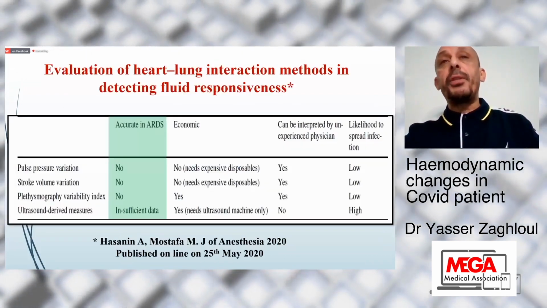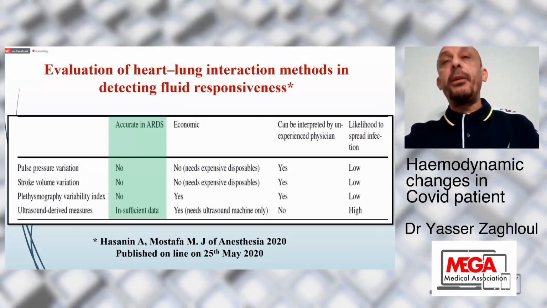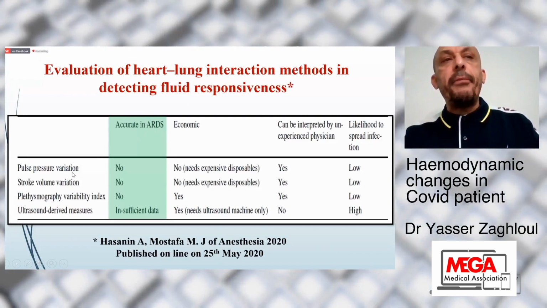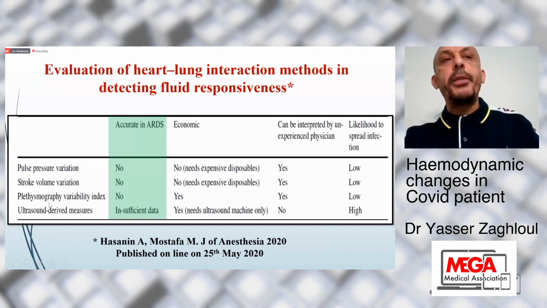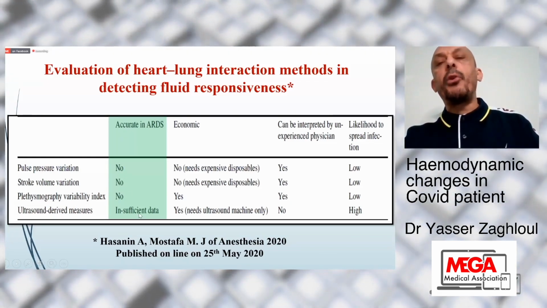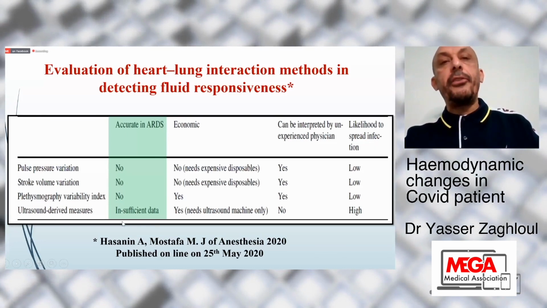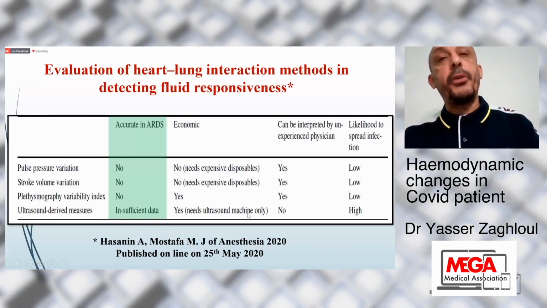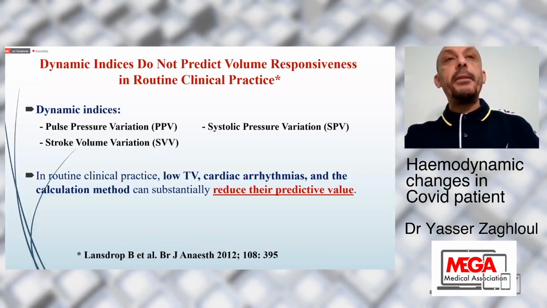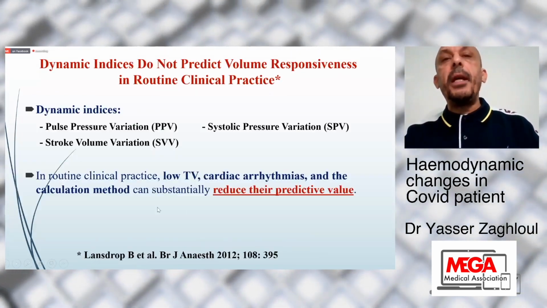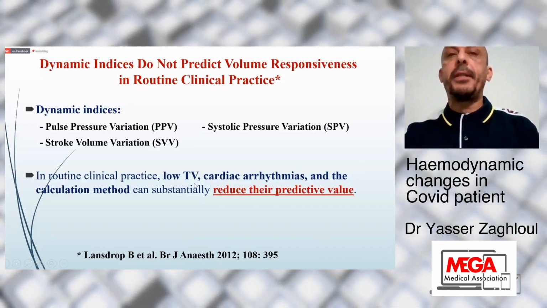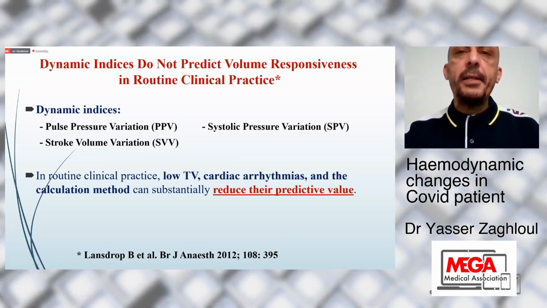The problem is that in patients with acute respiratory distress syndrome, these indices may not be so accurate. You can see here that in ARDS, pulse pressure variation and stroke volume variation are not so accurate. Ultrasound draws sufficient data, but it may be expensive, and it is not possible to assess all patients with ultrasound. Again, the dynamic indices may be inaccurate in patients ventilated with low tidal volume, which is common in COVID with ARDS.